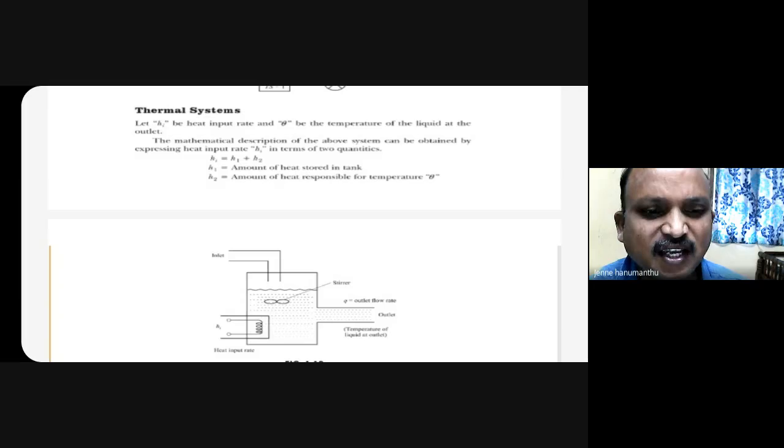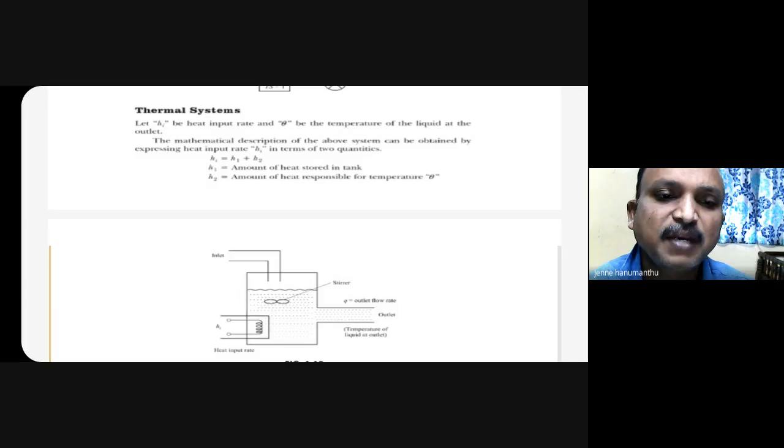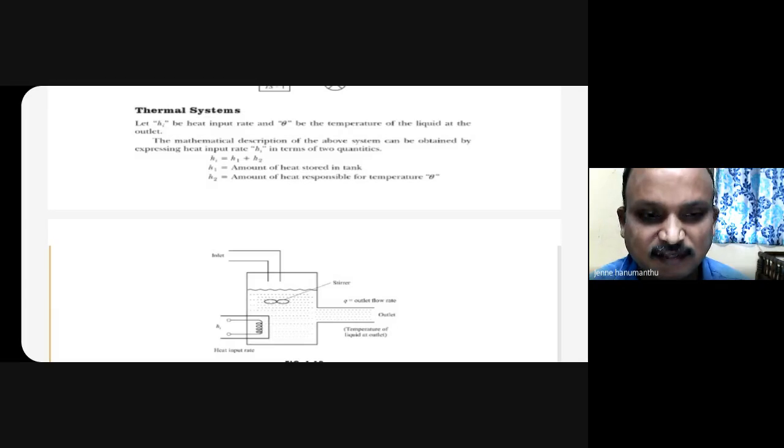But if it is anything other than liquid, say chemical compositions, in a chemical plant or chemical industry, we need to have a stirrer. A stirrer is nothing but a device or element used for mixing all these chemical compositions. That's the meaning of stirrer.